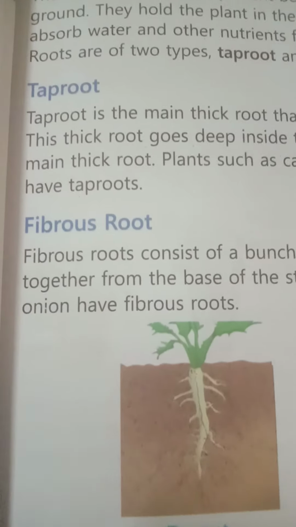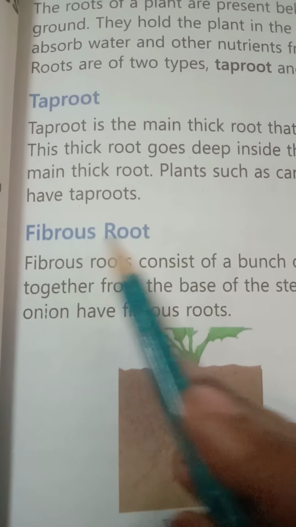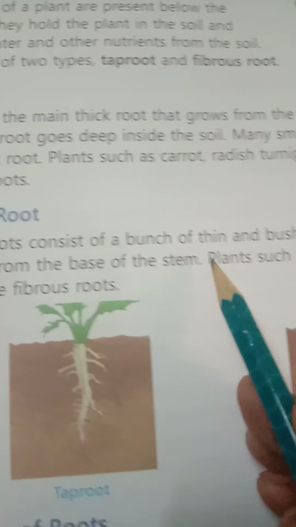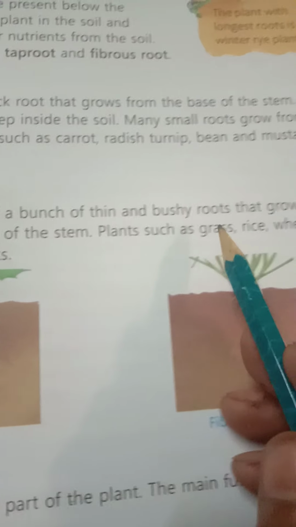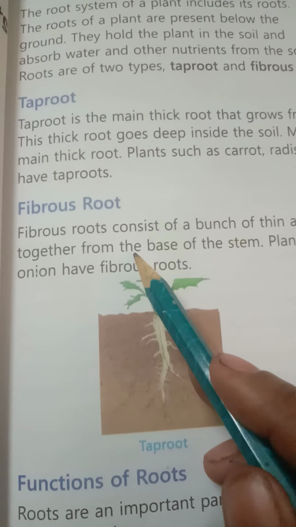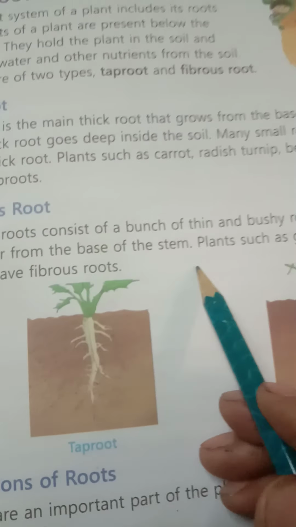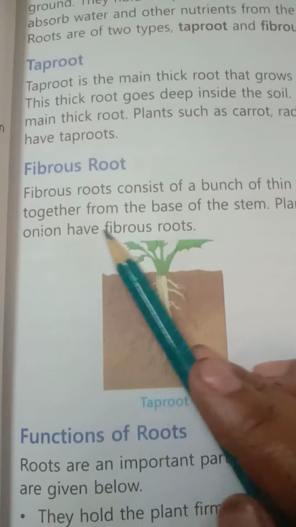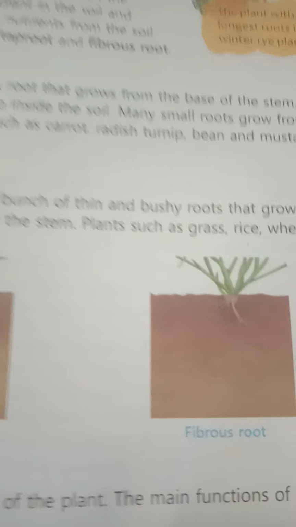Now student, second, fibrous root. Fibrous root consists of a bunch of thin and bushy roots that grow together from the base of the stem. Plants such as grass, rice, wheat and onion have fibrous roots.